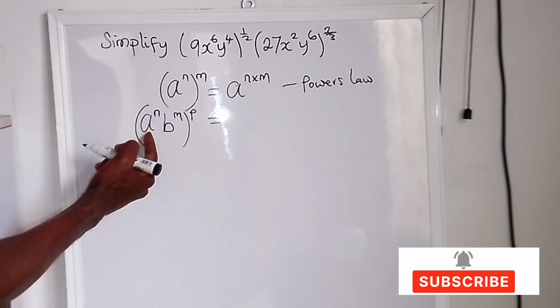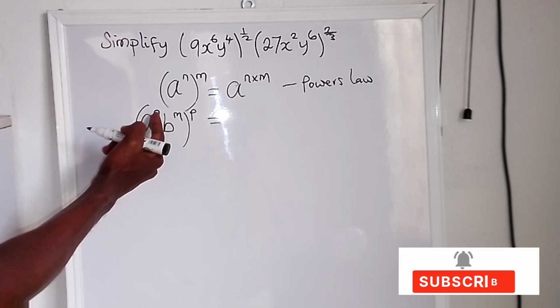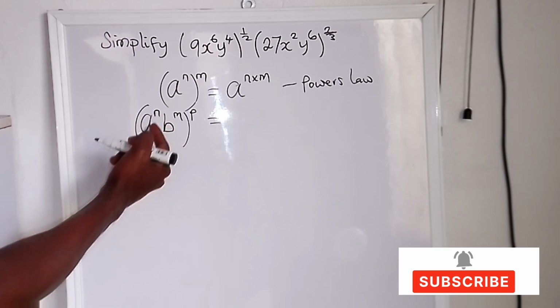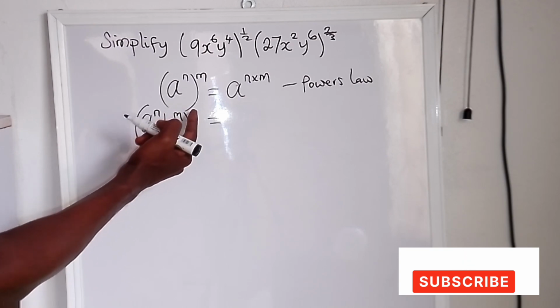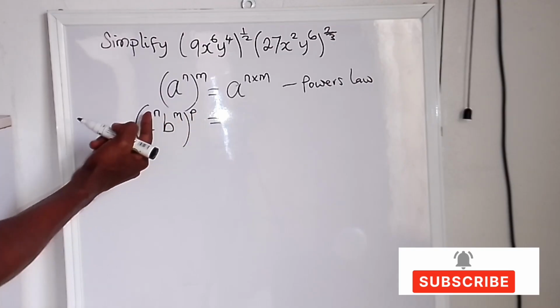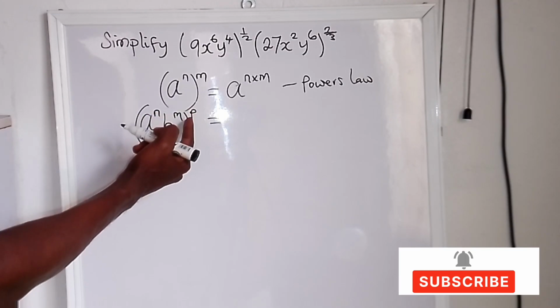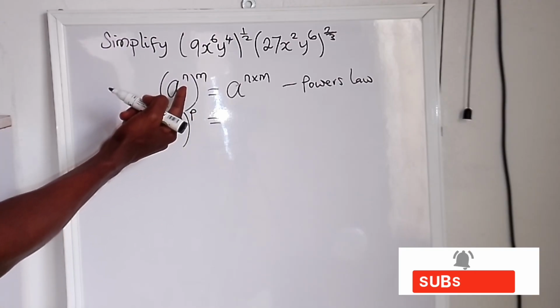Since this is the product a times b, and they have their powers n and m, everything there is raised to another power, which is p. So this power outside will be shared among all the ones inside, used to multiply all of them, just like we did in the power law.